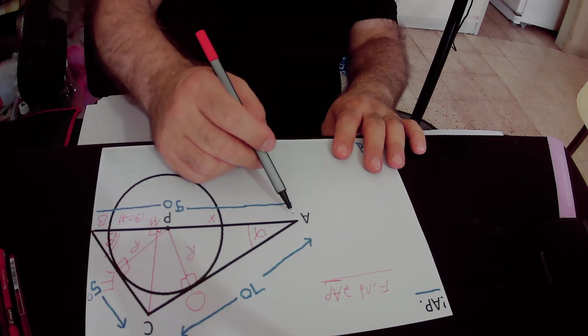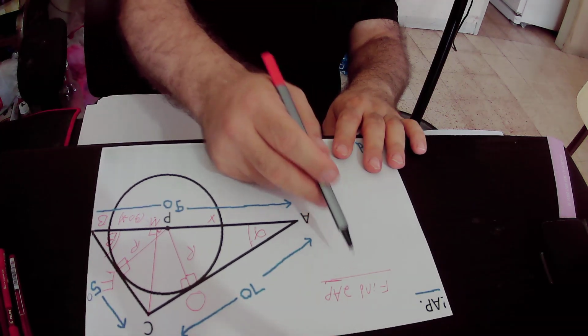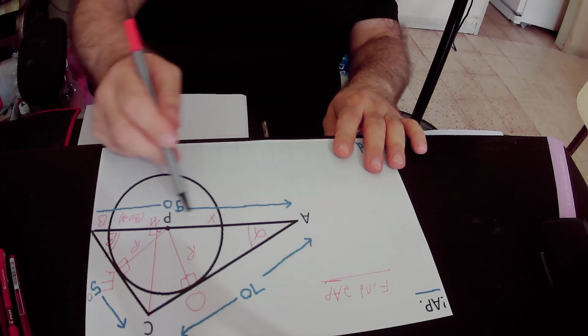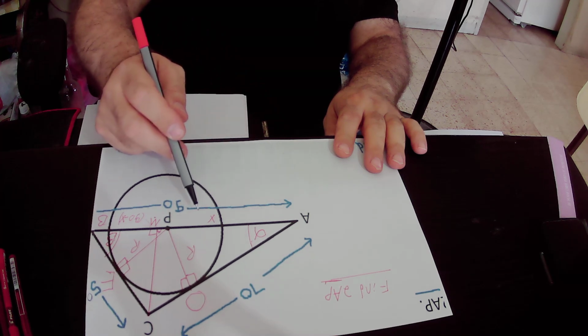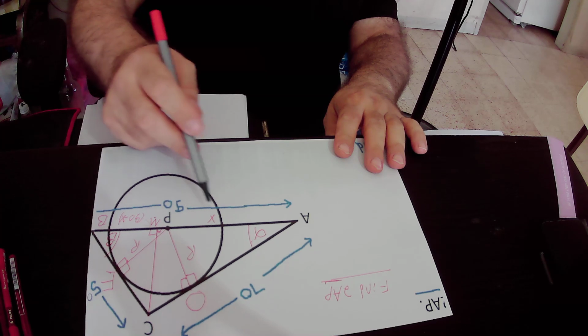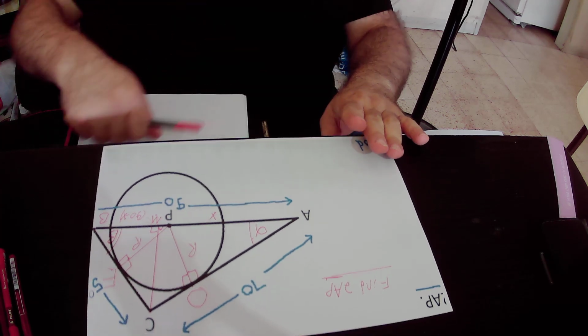So the answer to the question, find 2 times AP, is that the size of 2 times AP is 105 units, so the value of 2 times AP equals 105 units.